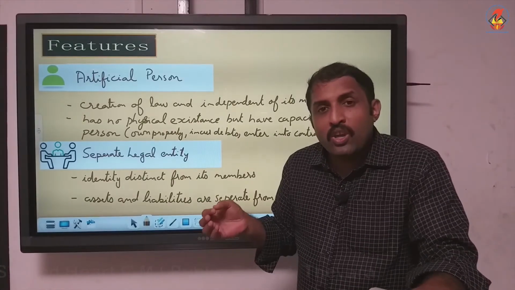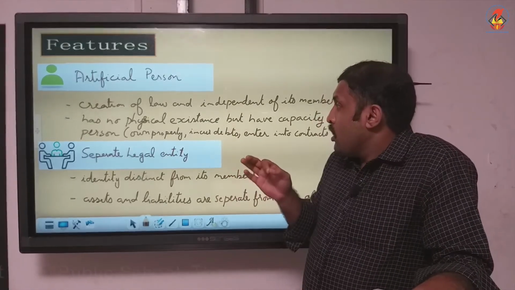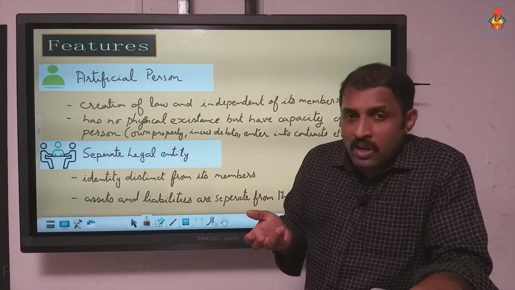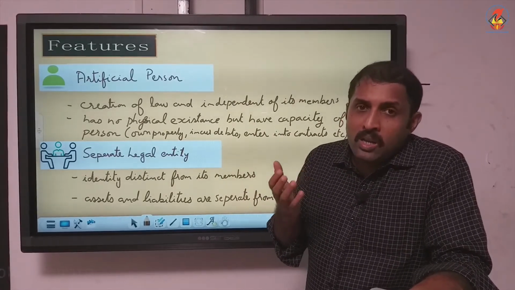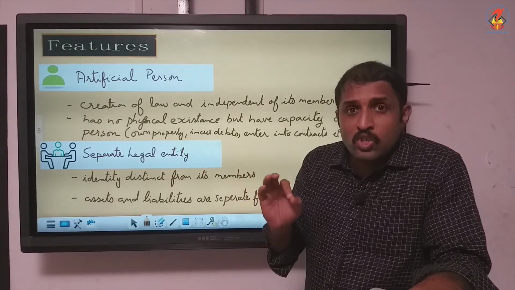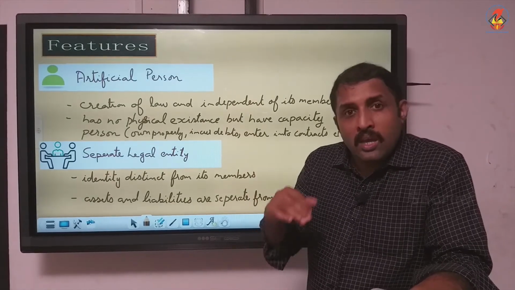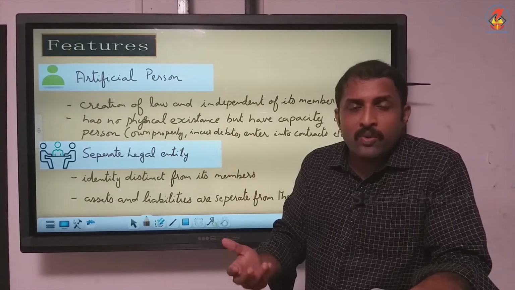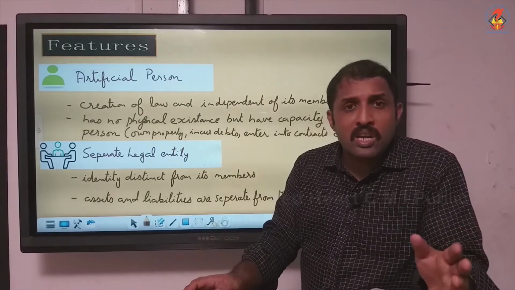That means it can purchase land in its name. It can incur debts. It can have debts from others. Again, it can enter into contracts. It can be sued in a court of law. It can sue others in a court of law. So, those are things which a person can do.